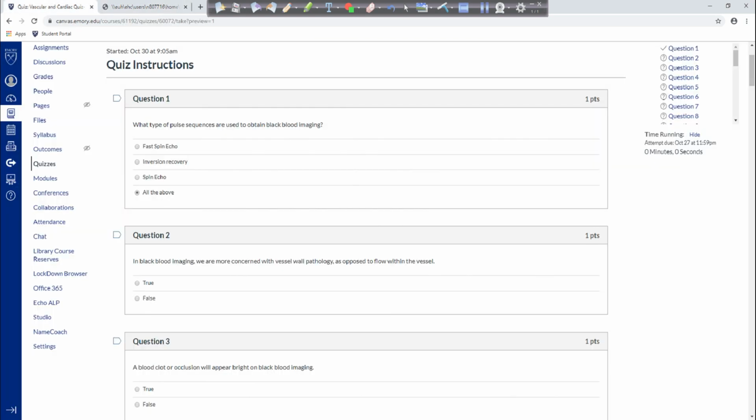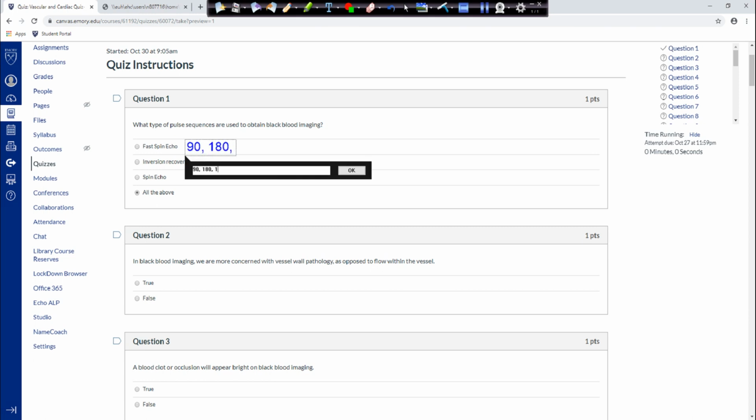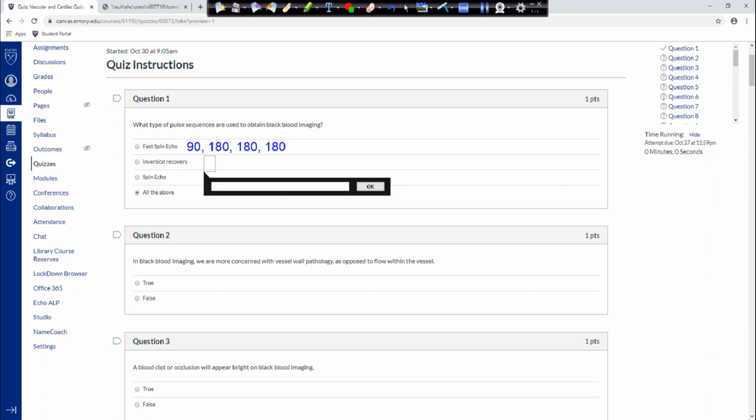So the answer is all of the above, because a fast spin echo, inversion recovery, and a spin echo all have a 90 and a 180. A fast spin echo has a 90 followed by a train of 180s. Inversion starts with a 180 inverting pulse, and then we have a 90 and 180, and usually it's also a train of 180s.